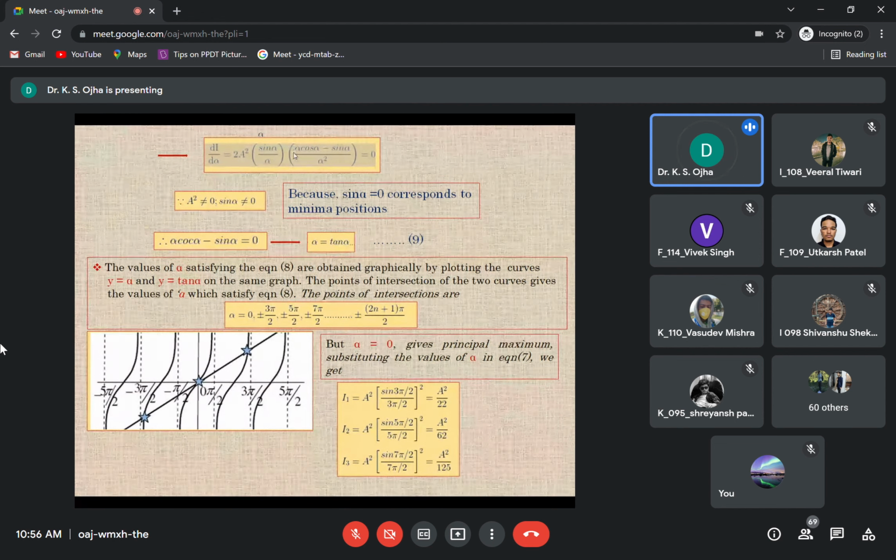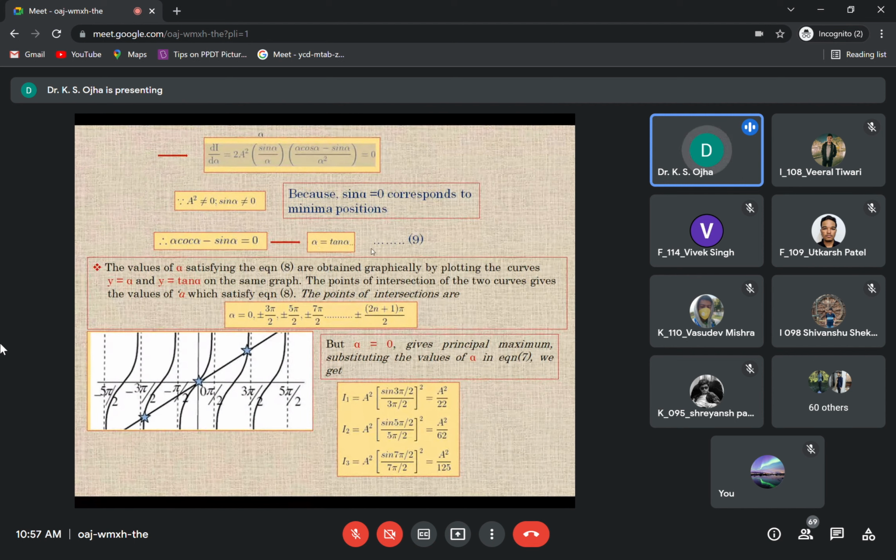When we solve this, we get the position of the secondary maximum. So alpha cos alpha minus sin alpha is equal to 0, and from this equation we get alpha equal to tan alpha. When we solve this equation 9, we will find the position of the secondary maximum.